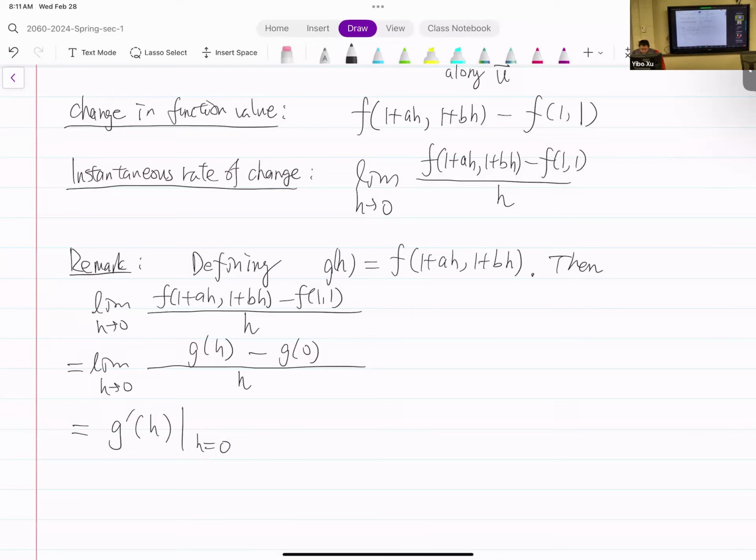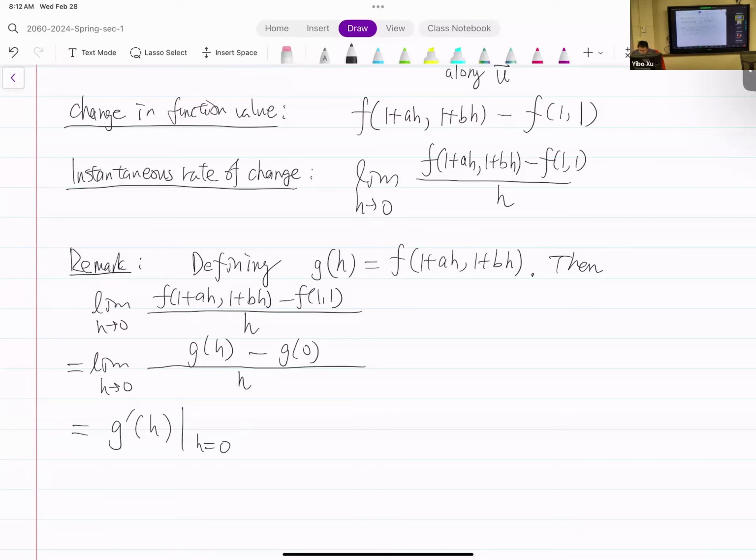And then, okay, so that's good. This is a trick we have done several times, right? Basically, we write the original compositional expression in terms of a new notation, and we realize that this limit is exactly the rate of change of g.